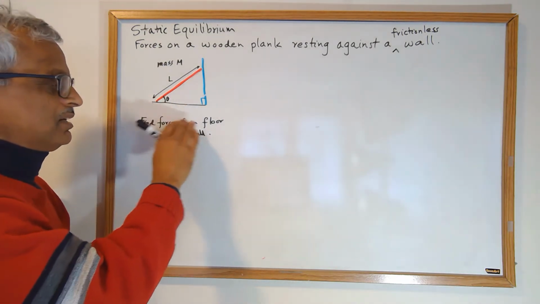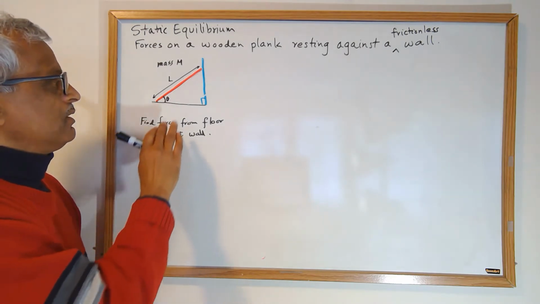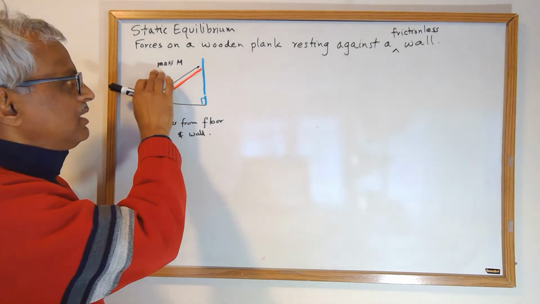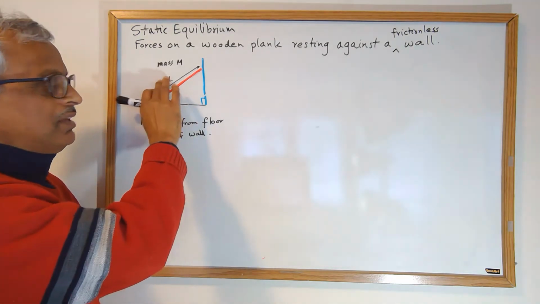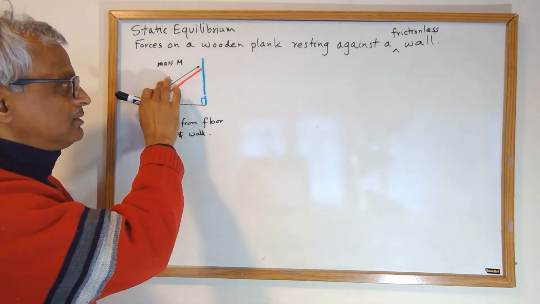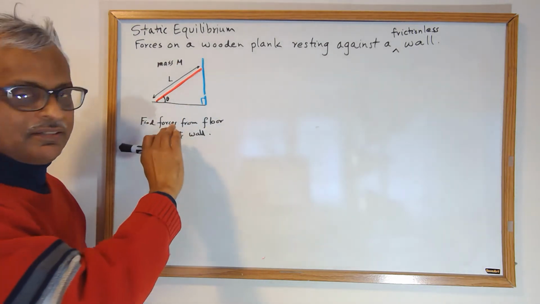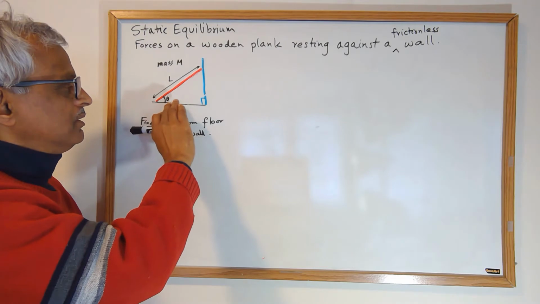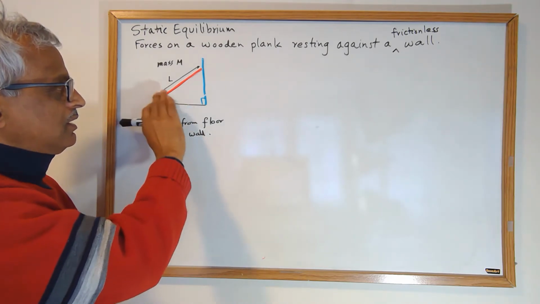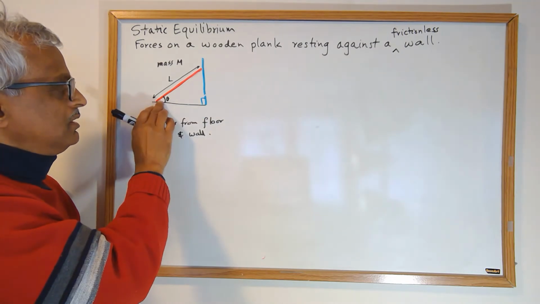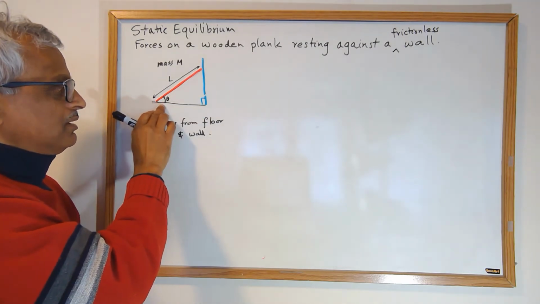But here we look at a very simple situation where a wooden plank of mass m and length L. It turns out L is not important in this problem, but let's say length L, and it is set against a vertical wall, and the angle it makes is theta.